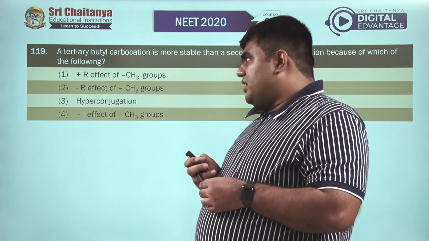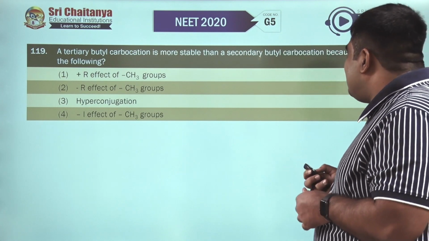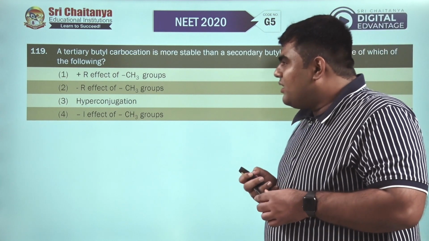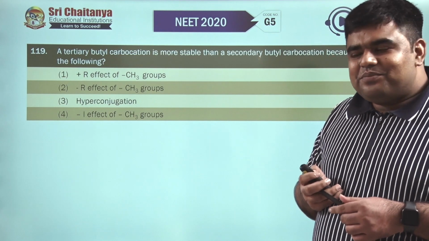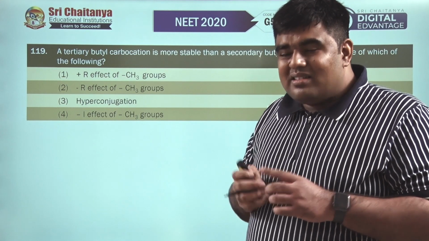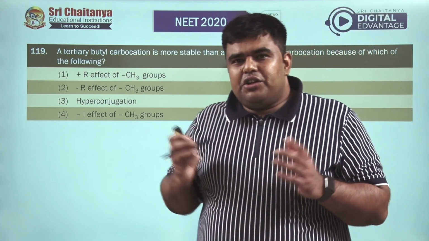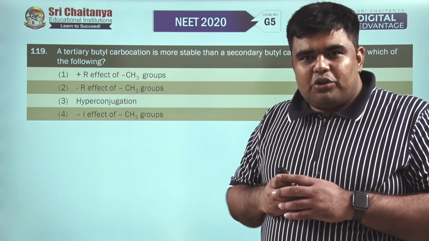Moving to question number 119, a tertiary butyl carbocation is more stable than a secondary butyl carbocation due to which reason? We know that the tertiary butyl carbocation is stabilized by 9 hyperconjugative structures and due to the plus I effect of 3 methyl groups.